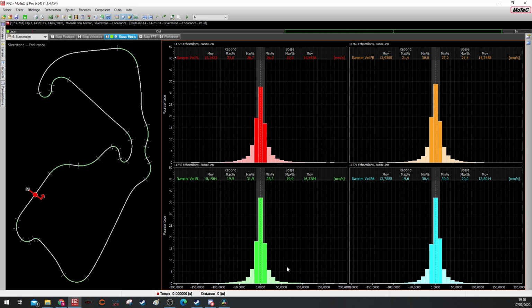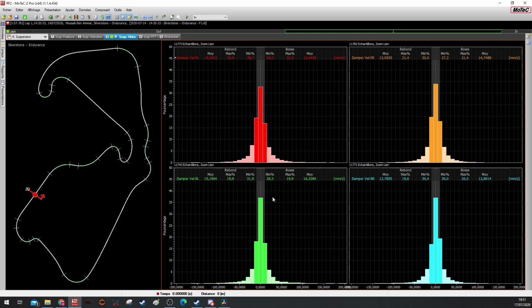Okay. So when a car is well balanced, we should have at least the same shape. When I go into details, I see at this point the maximum is 33%, and in the rear it's 37%.